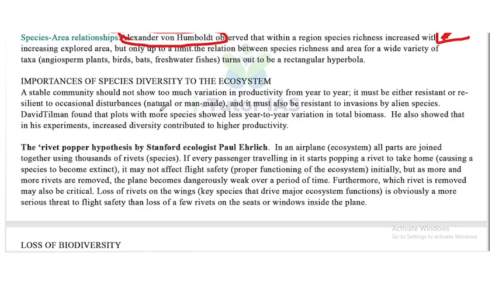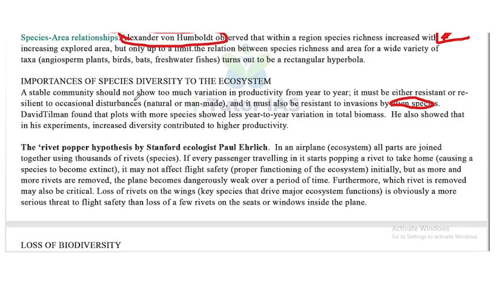Now, the importance of species diversity to the ecosystem. A stable community should not show too much variation in productivity from year to year. It must either be resistant or resilient to occasional disturbances, which can be natural or man-made. And it must also be resistant to invasions by alien species. So what is a stable community?